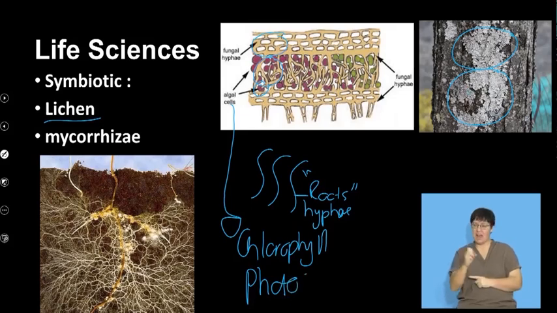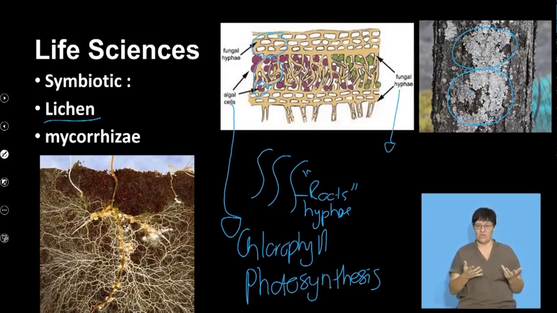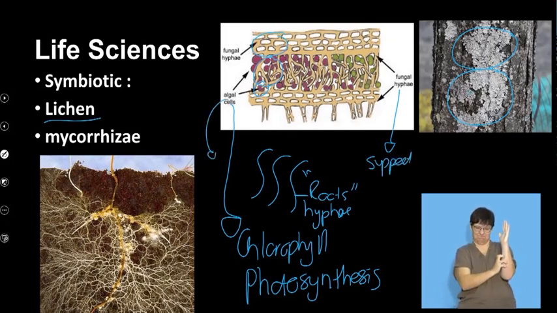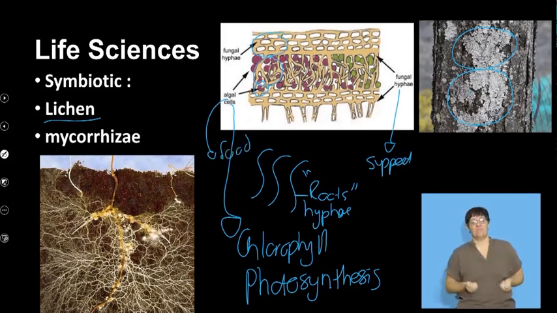Photosynthesize. So if they can do photosynthesis, what are they going to make? They're going to make food. So what does the fungi have? They have the support system to keep it on the tree. And in turn, what do the algae do? They provide food. And lichen are really good pollution indicators. If an area has got dirty and lots of pollution, lichen don't really grow there.